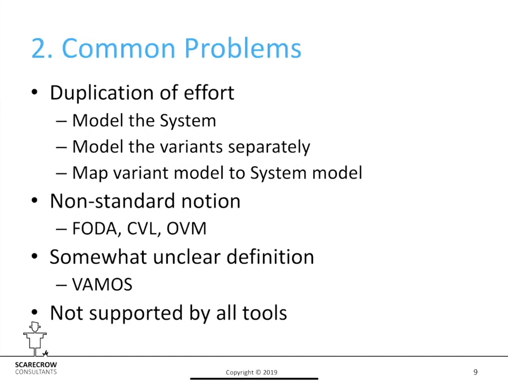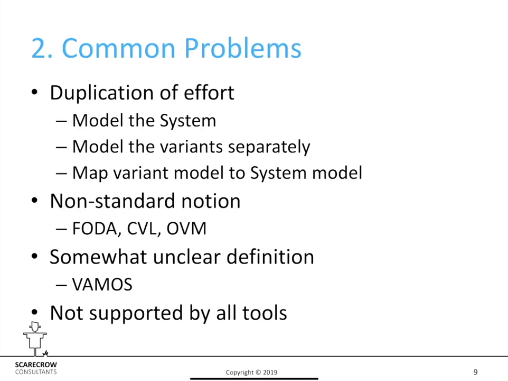The second type of problems is around how you actually use one of the approaches. The first issue, and a very common one, is duplication of effort. In a lot of the methods, you almost end up modeling your system twice.